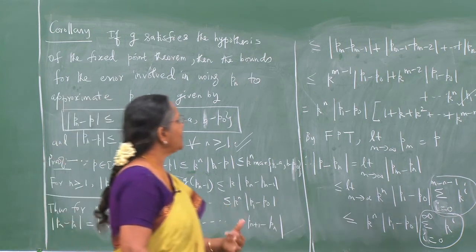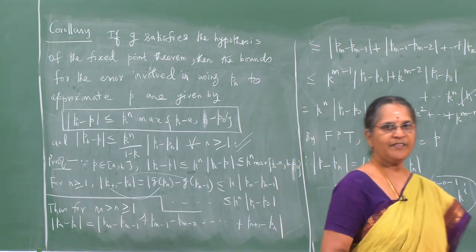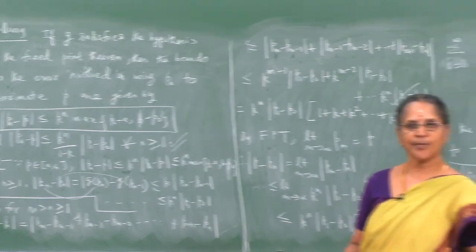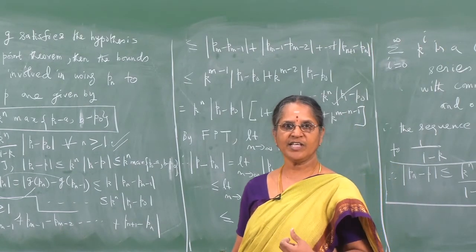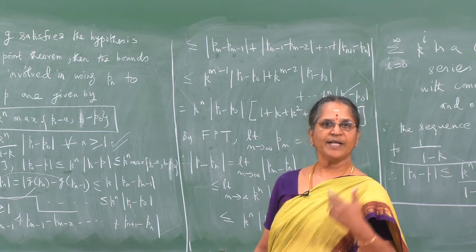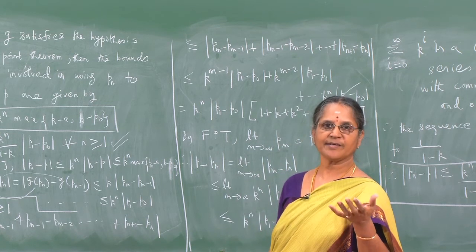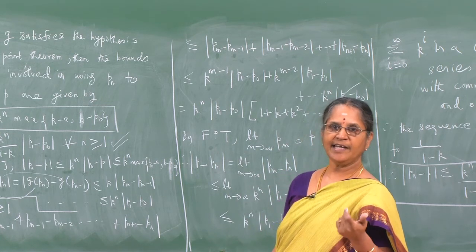So, what is it that we have done all along? We defined what a fixed point is for a given function g, and how we determine this fixed point numerically.